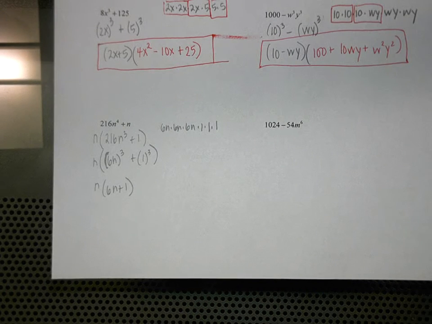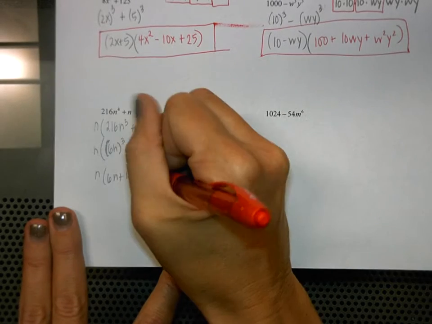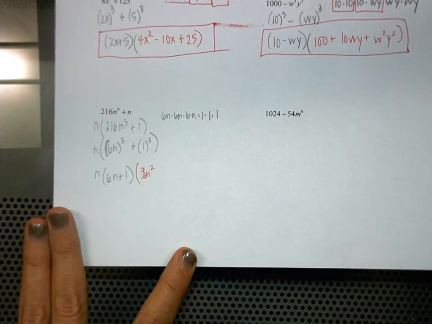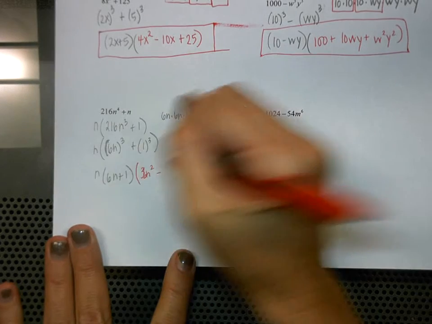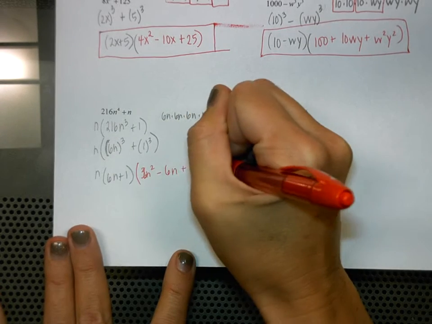So in my parentheses is going to be what? 36n squared. Good. 36n squared minus 6n. Good. Plus 1. That's it.